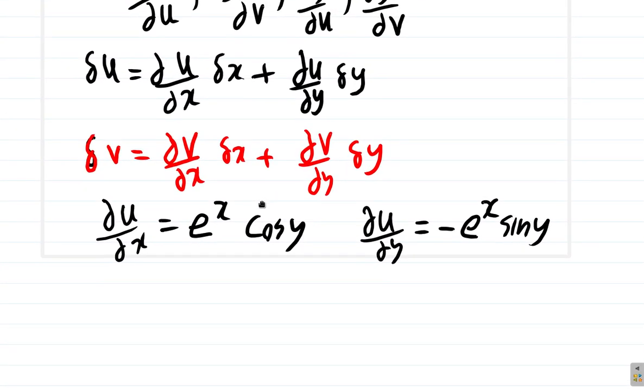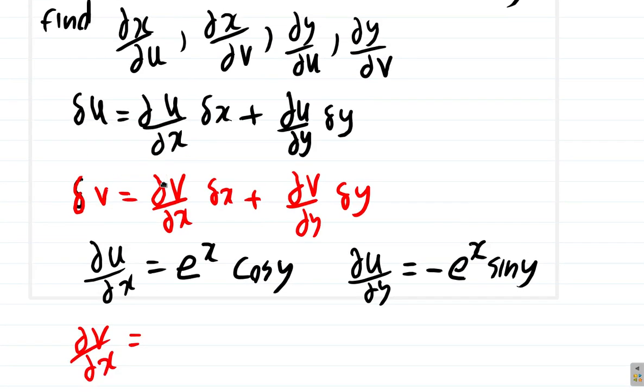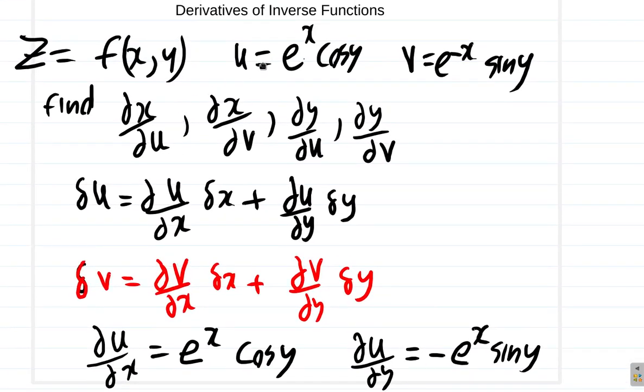Now, what about the partial derivative of v with respect to x and with respect to y? Well, the partial of v with respect to x is going to be negative e to the negative x sine y, right? Because e to a function of x, e to the negative x. You remember your chain rule.